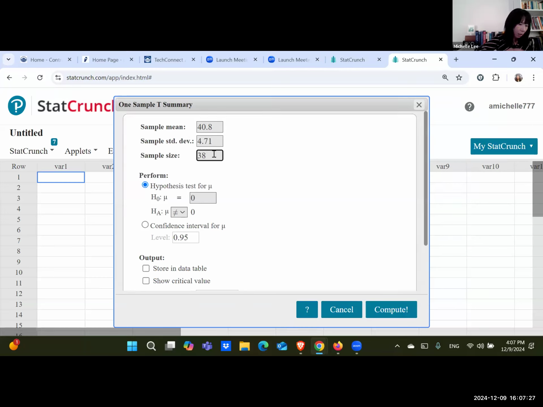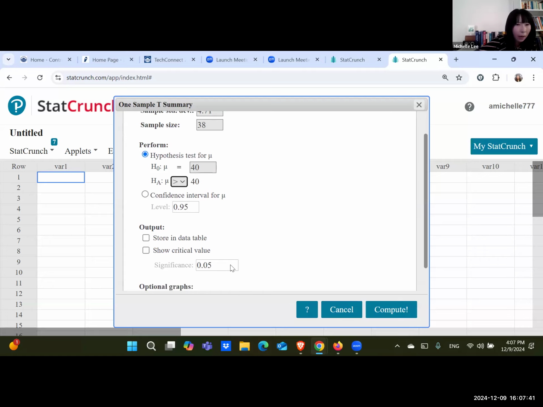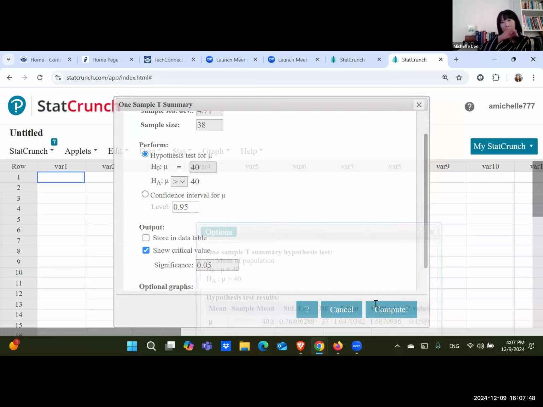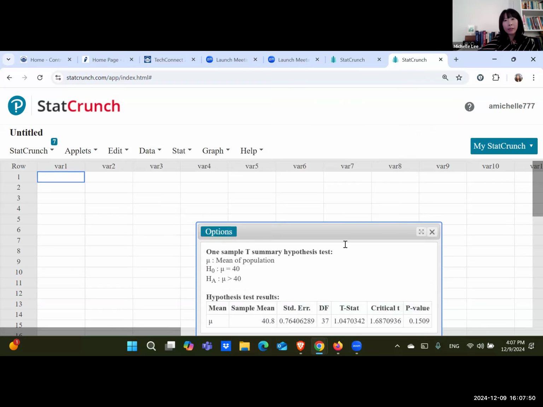And then null hypothesis test, which is 40, and greater than, right? And then level of significance, which is 0.05. Okay, compute. All right.